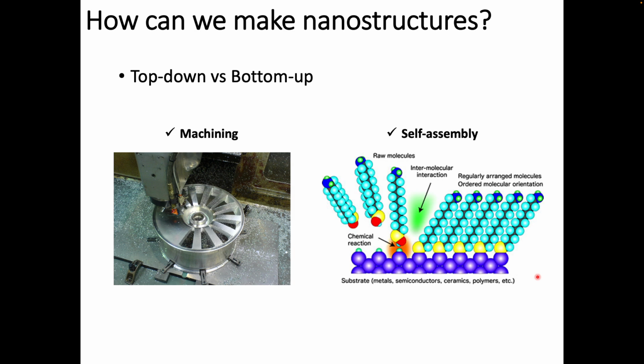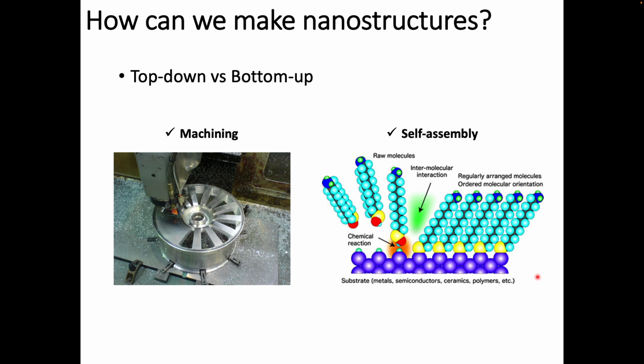You start with a big chunk of material, cut it down, and make it the way you want, right? And the bottom-up approach is like self-assembly. Basically, you design materials or molecules in such a way that they align in a simple, self-organized manner. By doing that, you can create the structure the way you want.